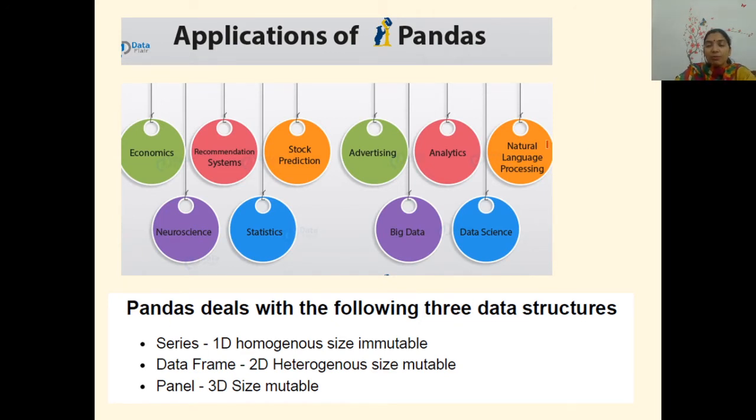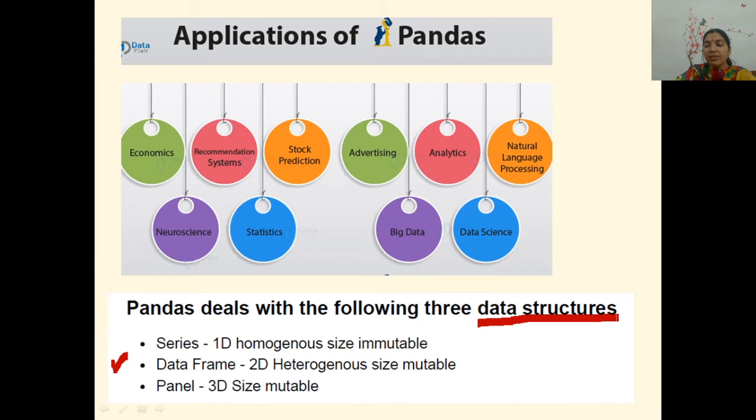Why is pandas popular? Because it is able to provide you solutions on one-dimensional arrays or one-dimensional data sets. It is also able to provide you the processes on two-dimensional data sets and then three-dimensional mutable data sets. So we have 3 data structures available with pandas.